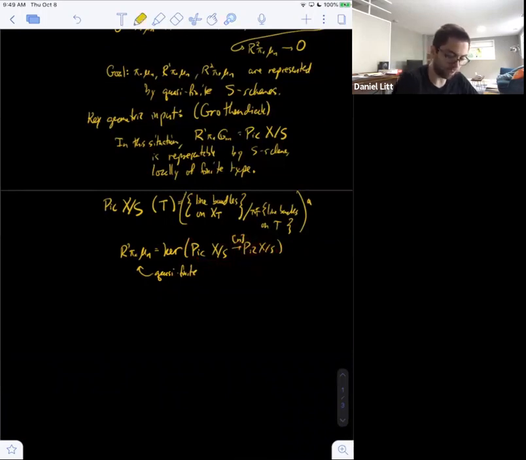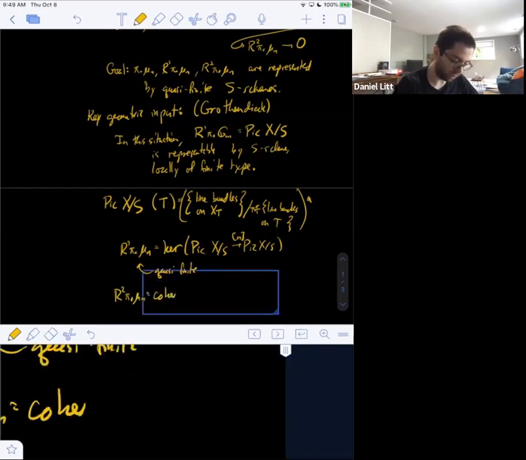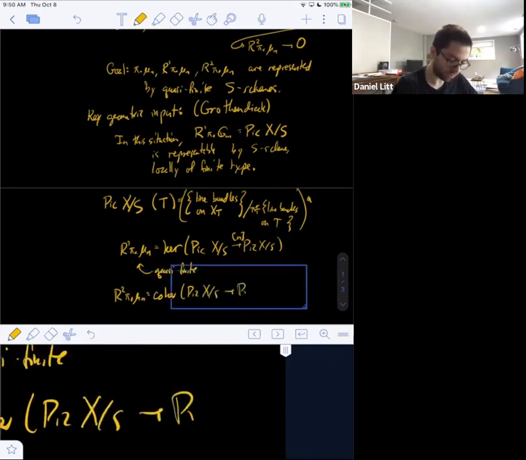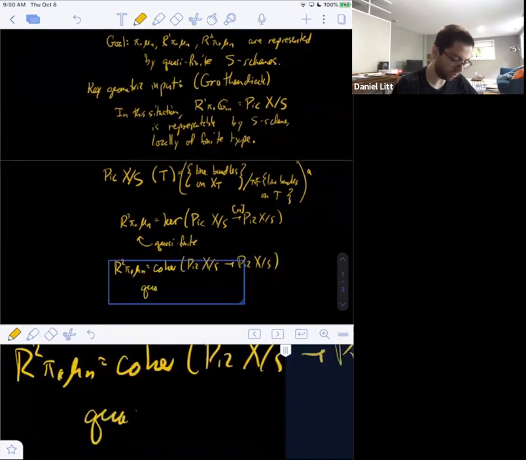And moreover that R2 π lower star μ_n, which is going to be the cokernel of this map, is also quasi-finite. Again, this is non-trivial.